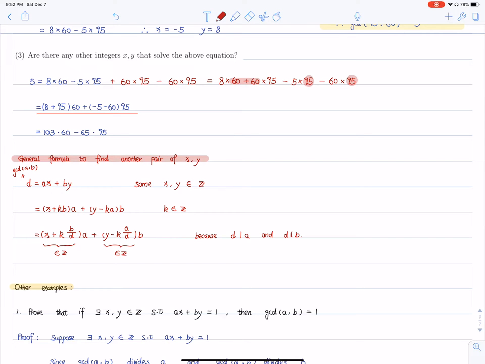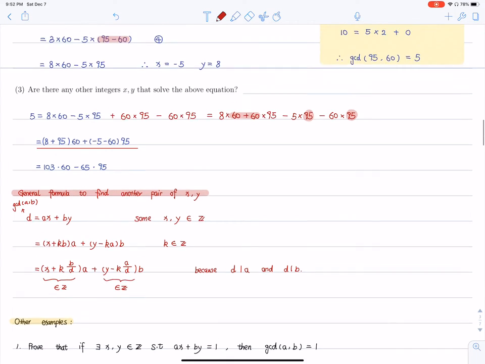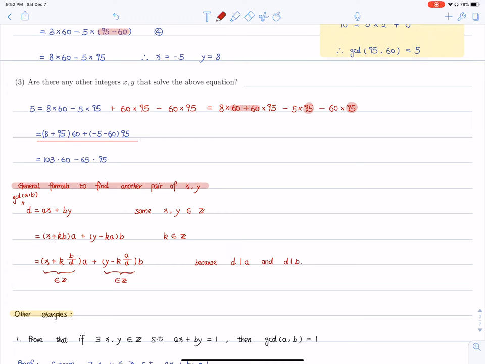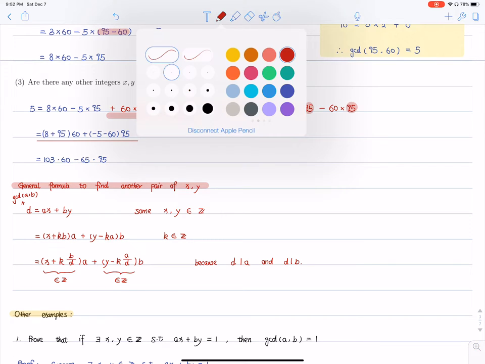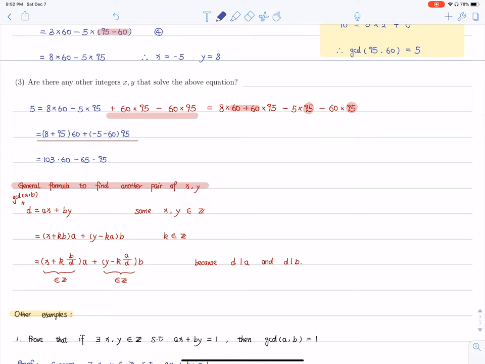This is the same thing as what I did over here. What we did is just add abk and subtract abk, where k is just an integer.